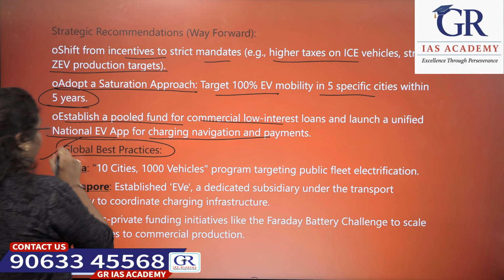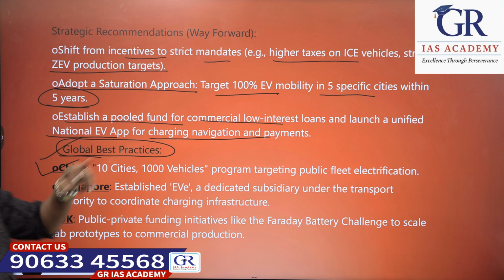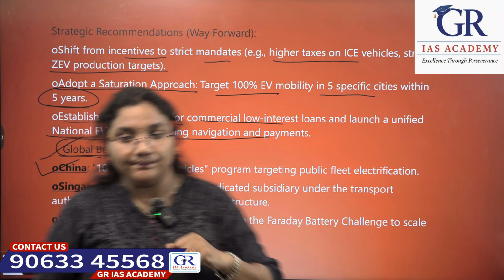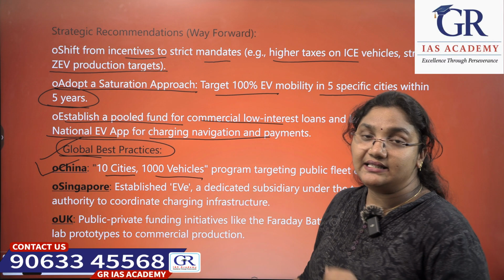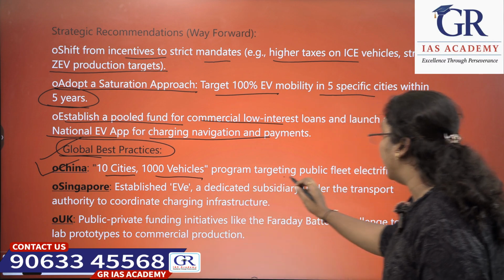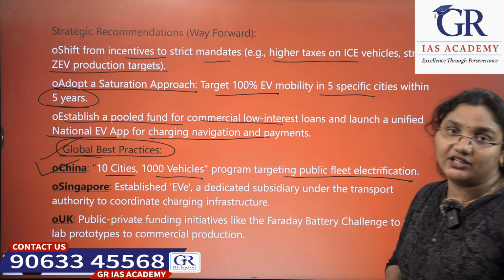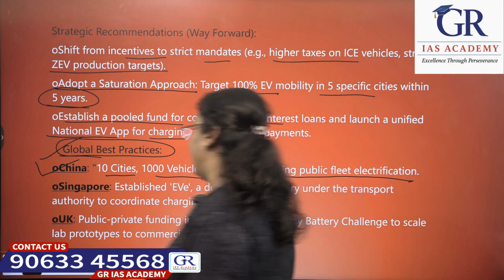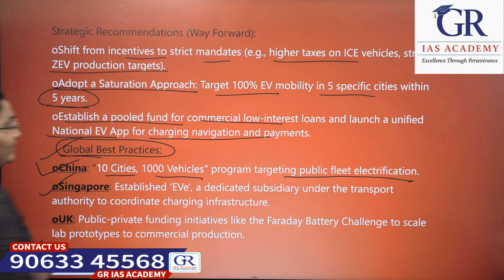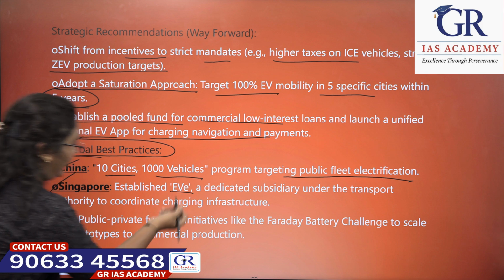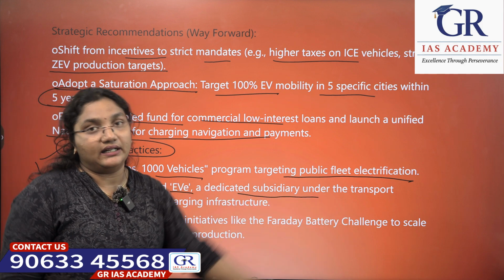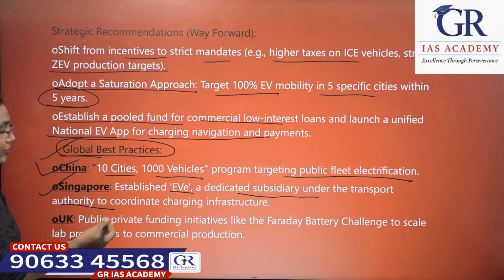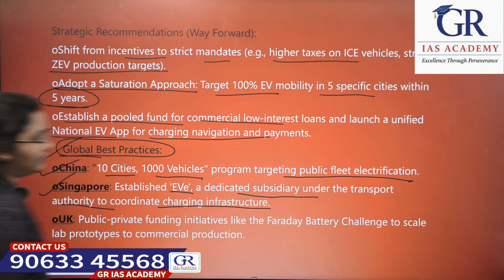Coming to the global best practices, the first country is China, with its 10 cities, 1000 vehicles program targeting public fleet electrification. Next is Singapore, which established EVE, a dedicated subsidiary under the Transport Authority to coordinate charging infrastructure.